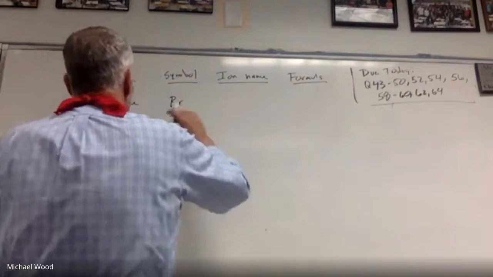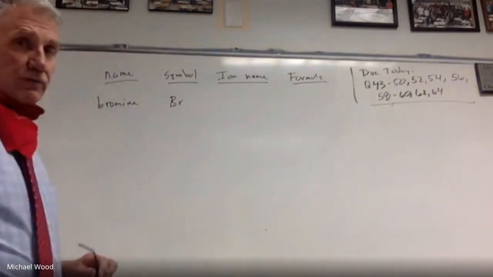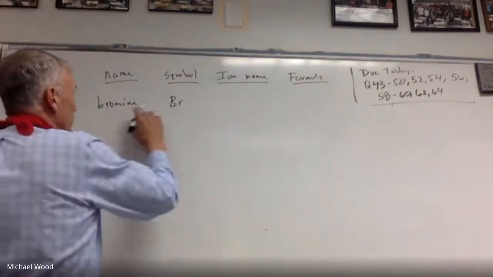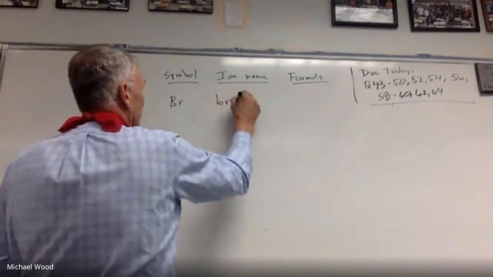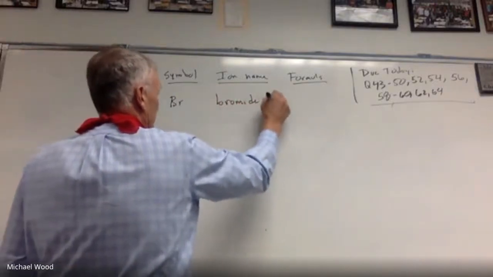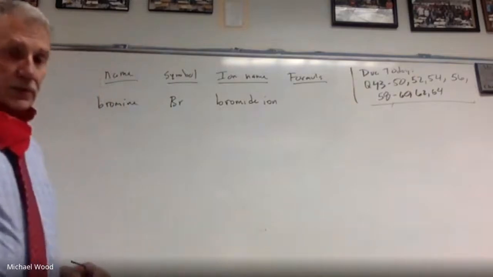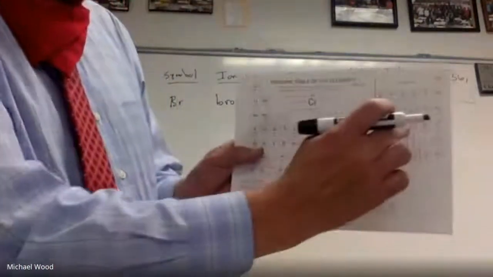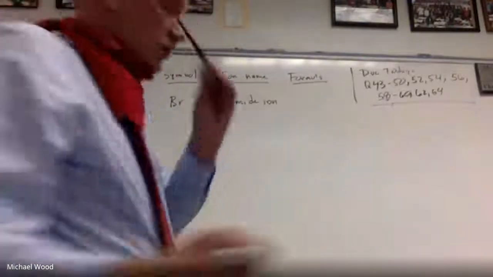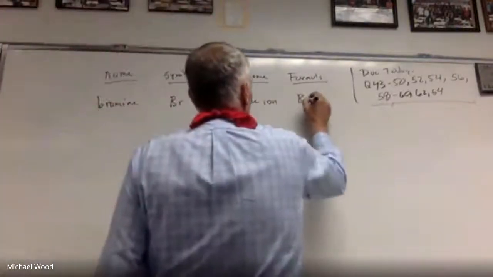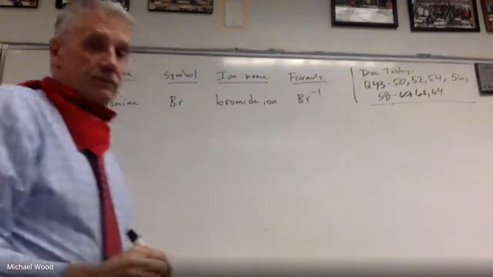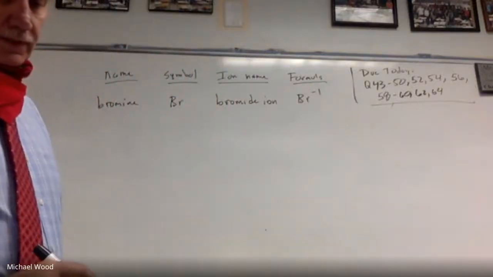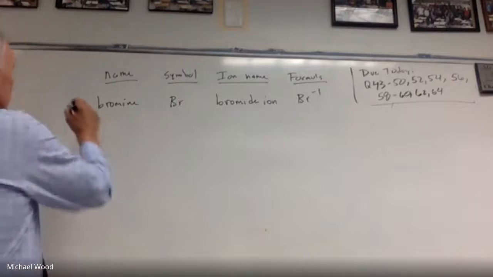And then its ion name, this is something we're going to talk more about in chapter 5, but a negative ion is going to have an IDE. So this would be bromide ion. And then its charge, just like I said, when we look it up here, Br is a -1, so I would have Br -1. Okay, so that's number 2.